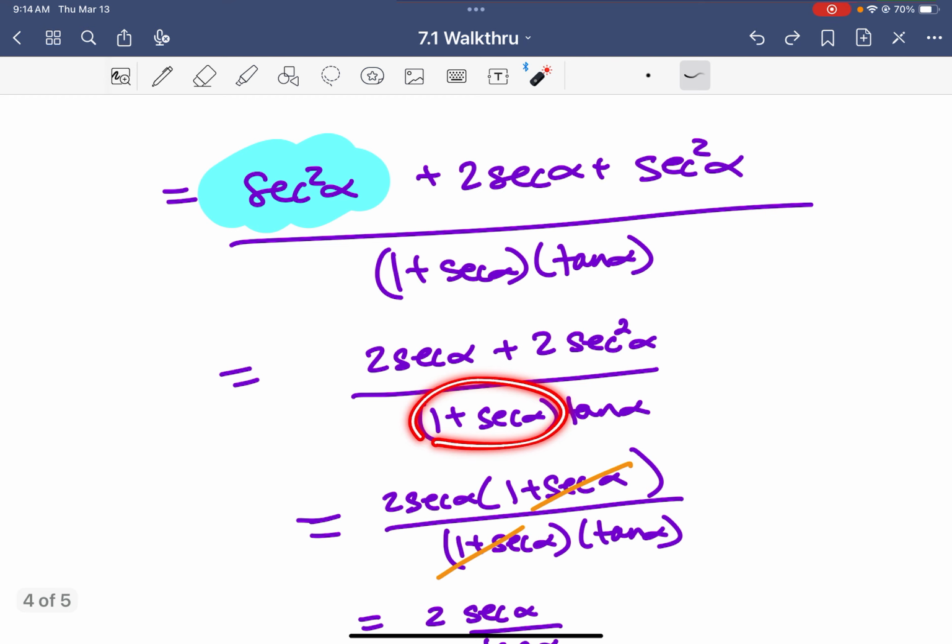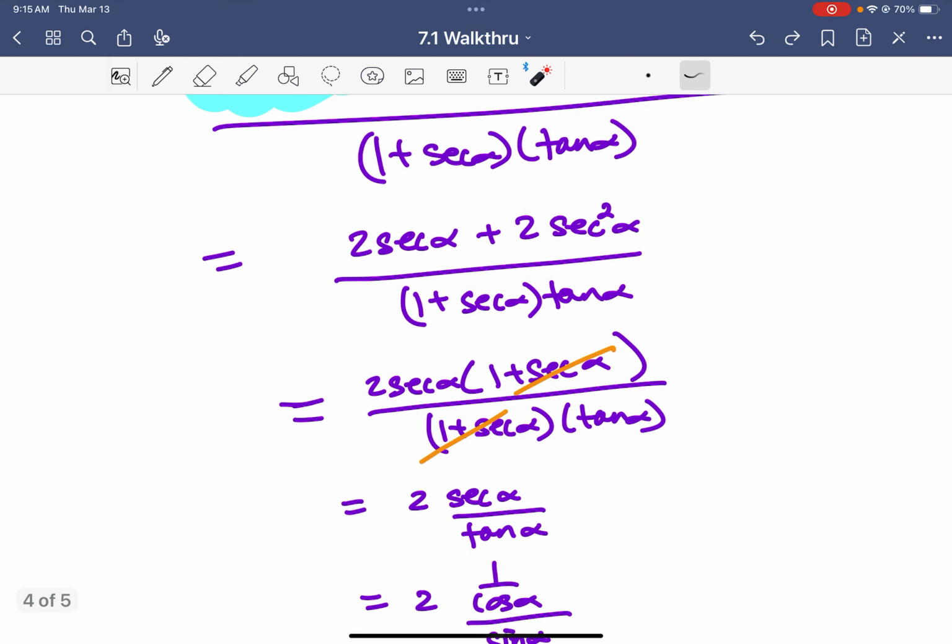So then I wish I could cancel out this sucker, because maybe it's simpler. And I see that there's a 2 secant in both of these terms. So when I pull that out, 2 secant times what gives me 2 secant? Well, that's a 1. And then 2 secant times what gives me 2 secant squared? That would be a secant. Well, then that's beautiful because the 1 plus secants cancel out, and I'm left with this.